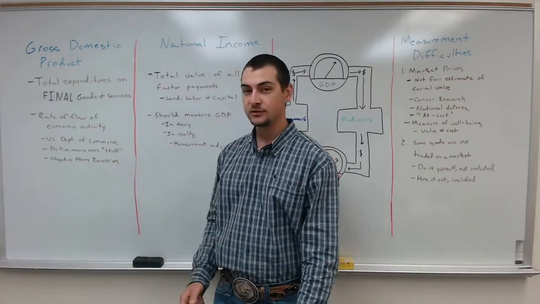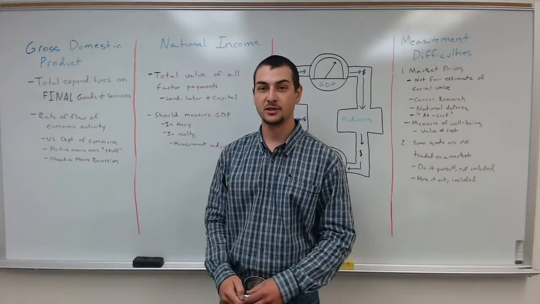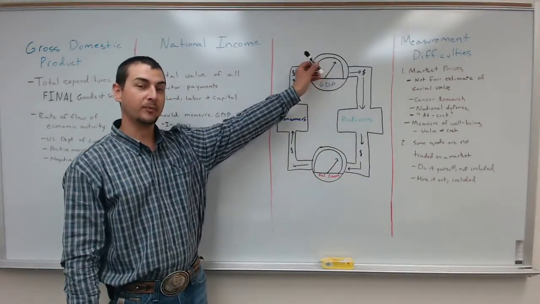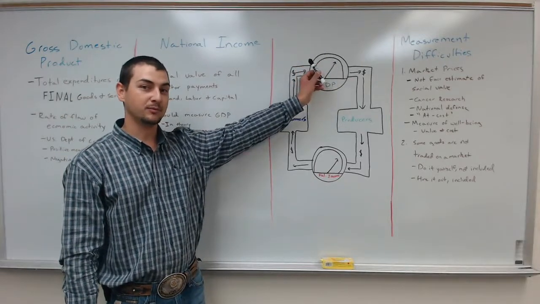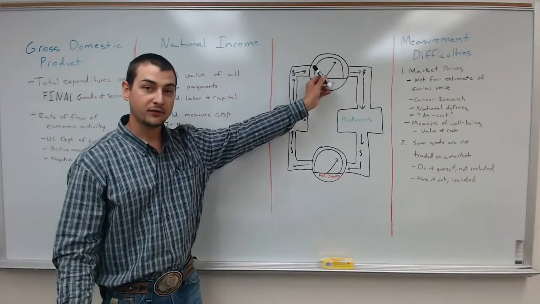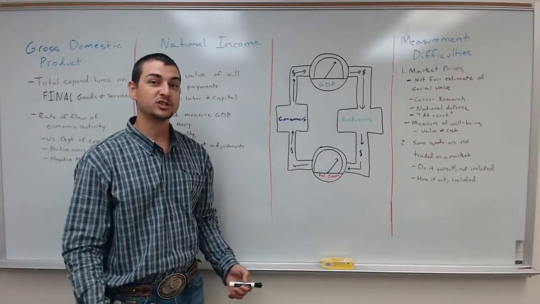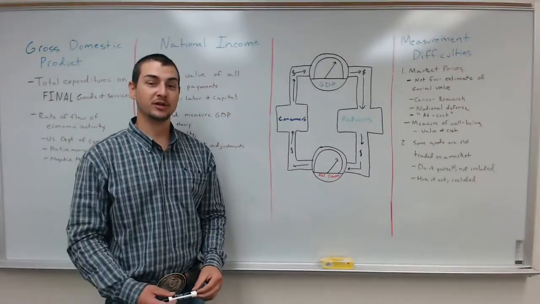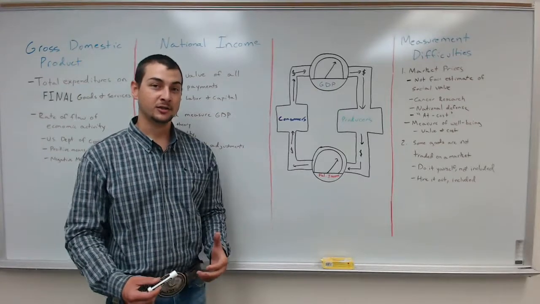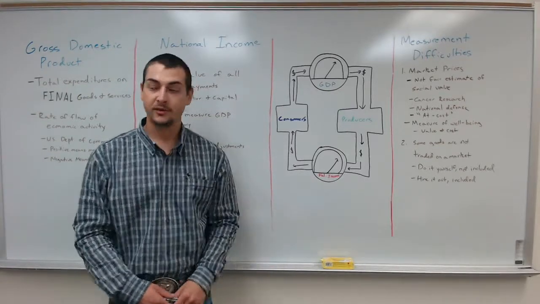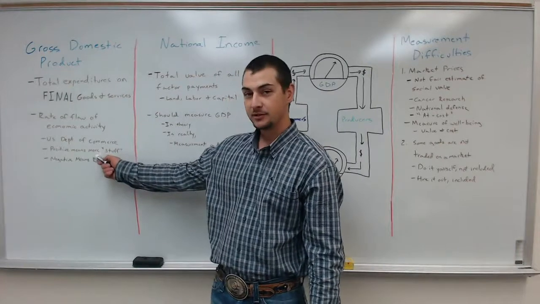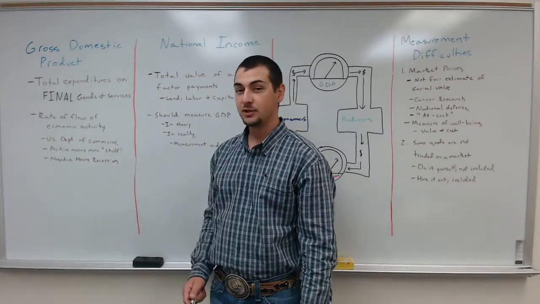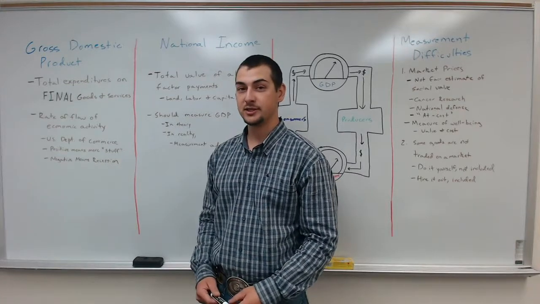Whereas a negative GDP means we're going into a recession, which means that this little meter right here is going backwards. It means we have less money to buy stuff with. Or if it doesn't mean that we have less money, it means we're spending less money on stuff. Whenever you're spending less money on stuff, that typically means that you are in a recession. So if GDP is positive, that's good, typically. If GDP is negative, that means that we're sitting in a recession.